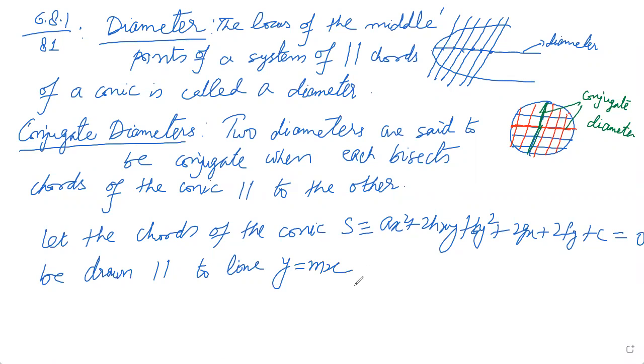Okay, means कि जो chords होंगी, जैसे इसको मैं ले लूं, they will be parallel to some line. तो मैंने एक line मान ली, suppose with all these chords parallel to some line y is equal to mx. इस line के parallel है सारी, तो इन सारी chords का slope वही होगा जो slope इसका यानी कि m. Okay, and इसे हम 1 कर लेते हैं. Now I want to find the equation of the diameter. So we already know that equation of chord.